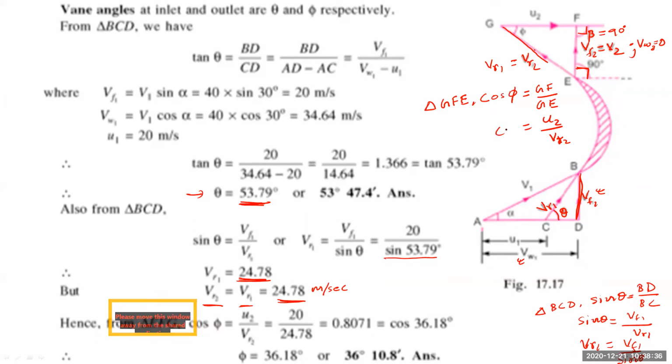This is your cos phi. The value of U2 is given in the numerical as 20 meter per second, and VR2 you have calculated here as 24.78. Now use your calculator and tell me the value of phi. Anyhow, it is written on the screen: phi you will get 36.18 degrees. So this is your answer.